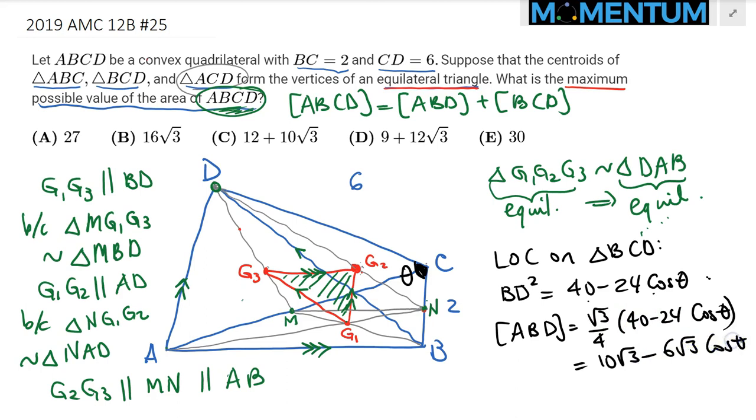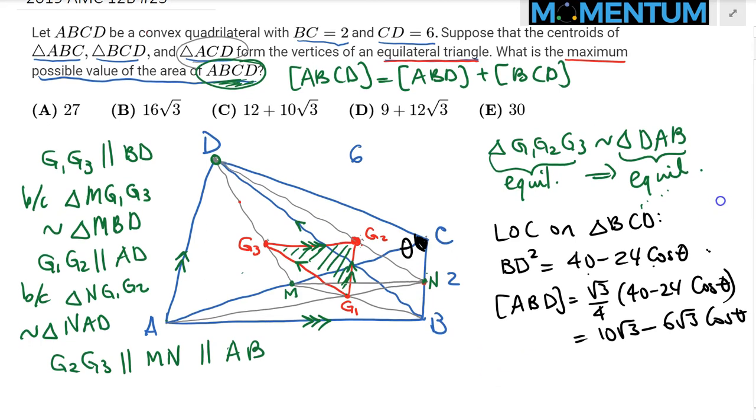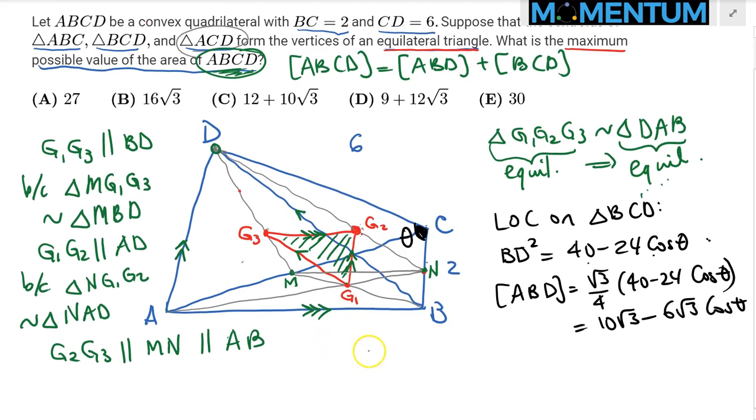Alright, so all we need now is the area of BCD, but that's also pretty easy, very straightforward actually. For the area of BCD, you can use the sine area formula, 1/2 times 6 times 2 times sine of angle theta, but the 2's cancel here, so we have 6 sine theta.